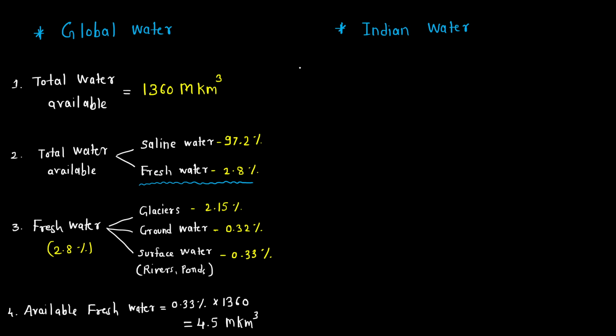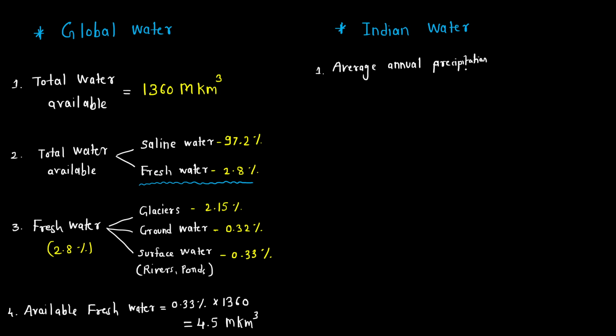Now when we talk about the Indian aspect, in terms of India, the first point we'll write is the average annual precipitation. What is the meaning of average annual precipitation?